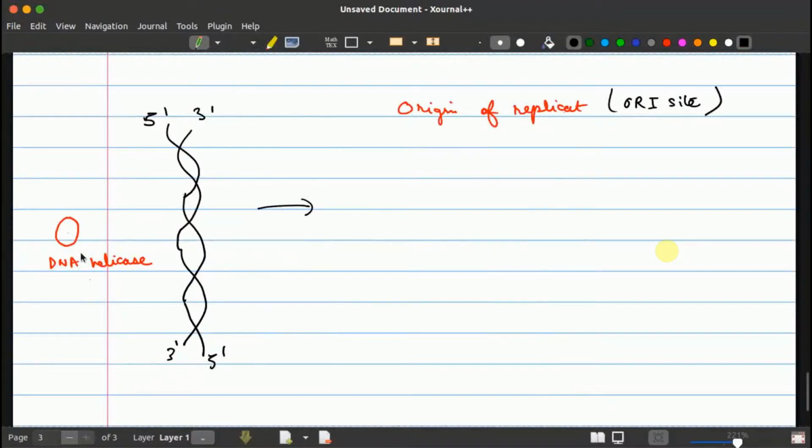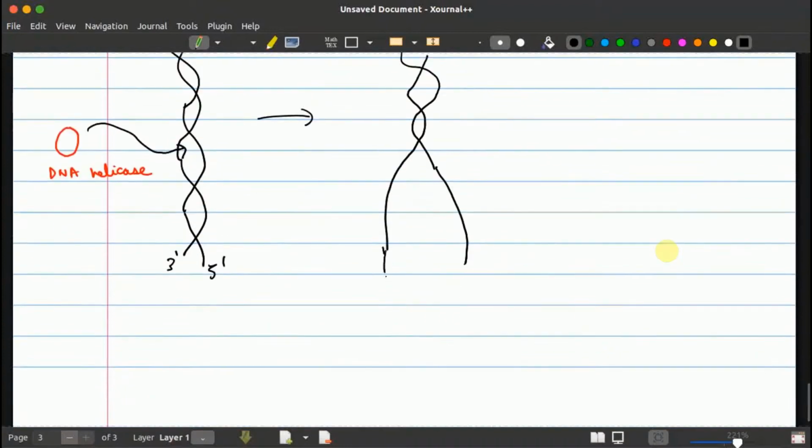Our poor helicase attaches to the Ori site, and what it does is essentially cause the DNA to split into two parts. Now the question is, I've made it somewhere in the middle, so what happens to the stuff below the Ori site? It actually looks something like this, but for all practical purposes, we can think of it as a start over.